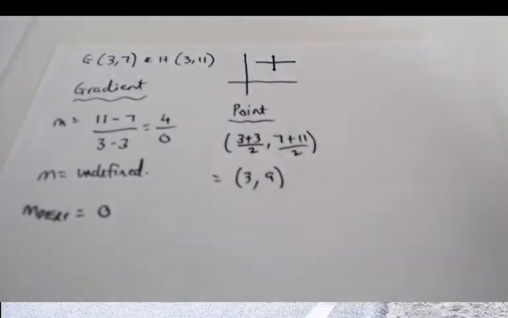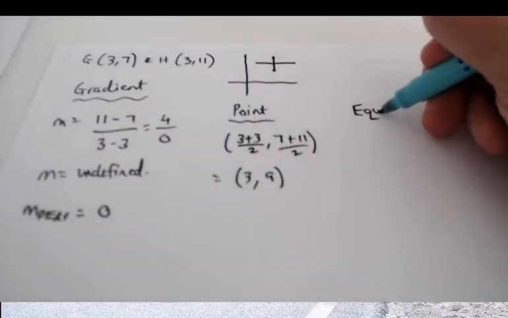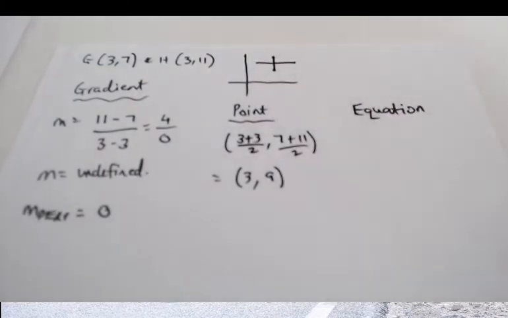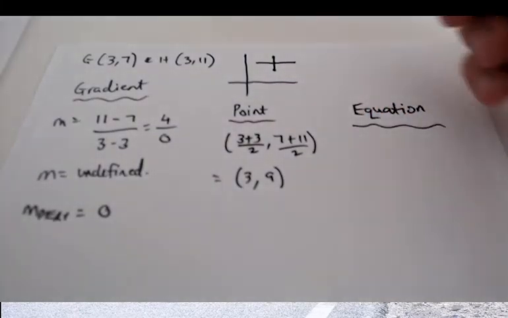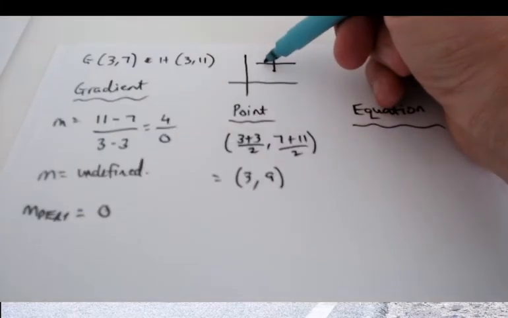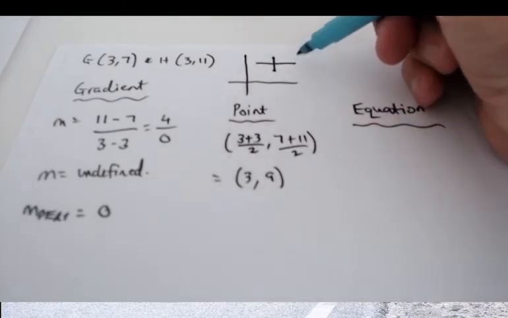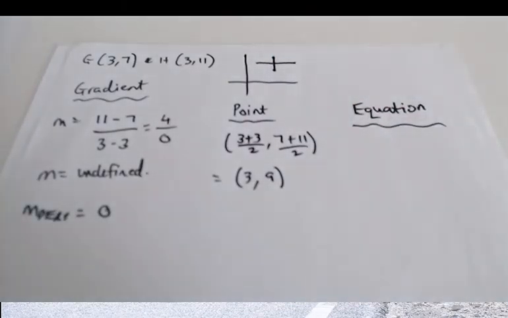Equation. We have spoken before about the equation of a horizontal and a vertical line. We don't need to go through all the steps that we normally do. A horizontal line, like so, you should remember, or you should be able to tell me what that equation would be.